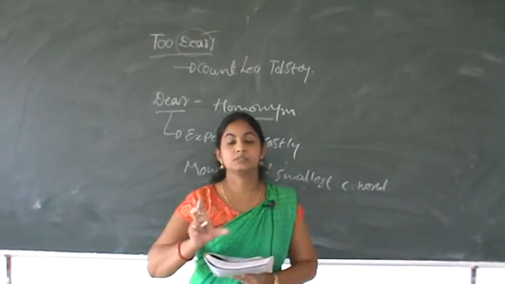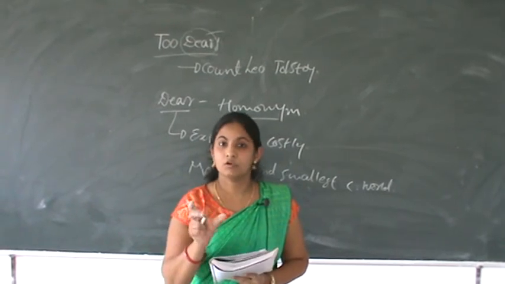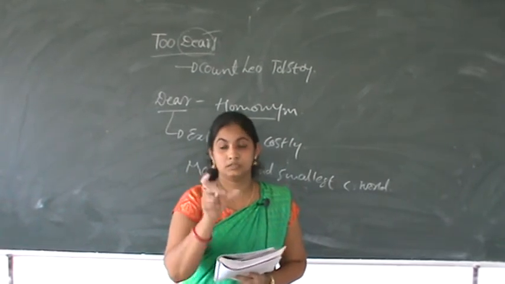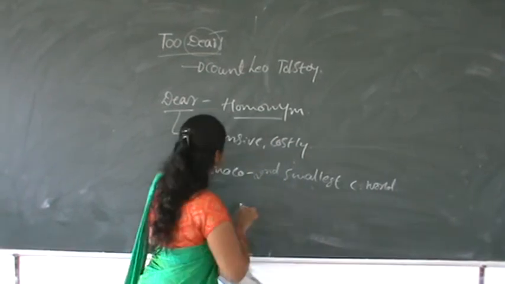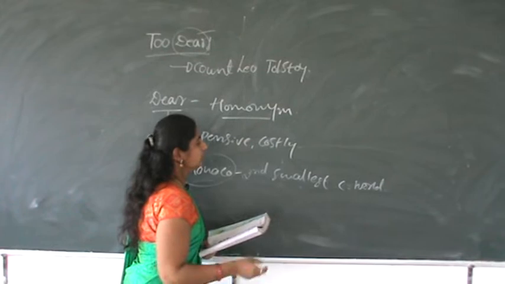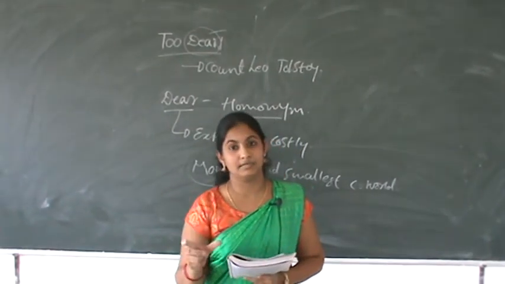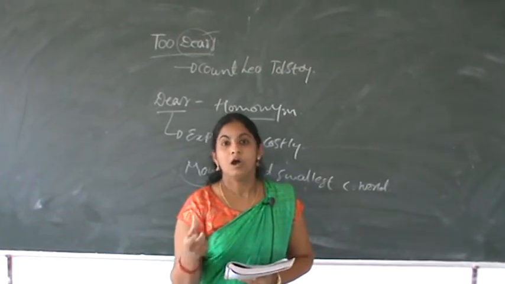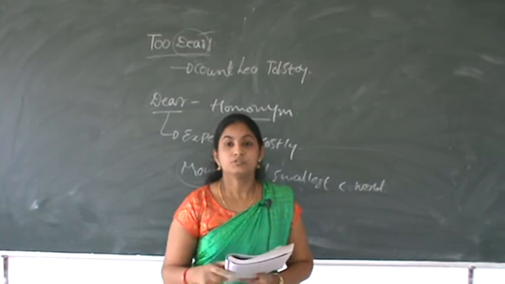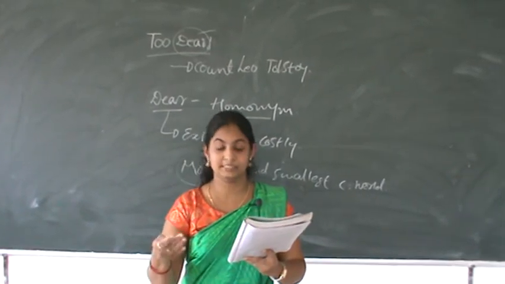Not only the second smallest country, but it is also the smallest sovereign state in Western Europe. So it is about the country Monaco. So once again, let me explain it once again.